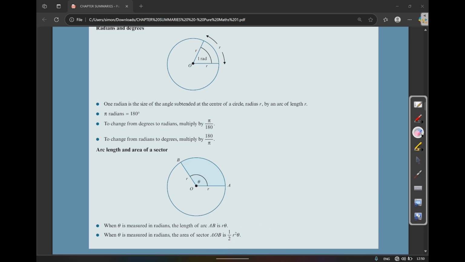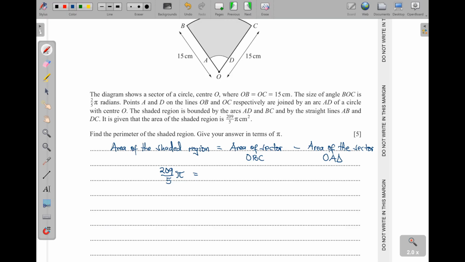Now, when we come to this one here, area of the sector, OBC, it's a half times the radius is given as 15, so we square that. And then times the angle is given here, 2 over 5 pi. So that will be 2 pi over 5.